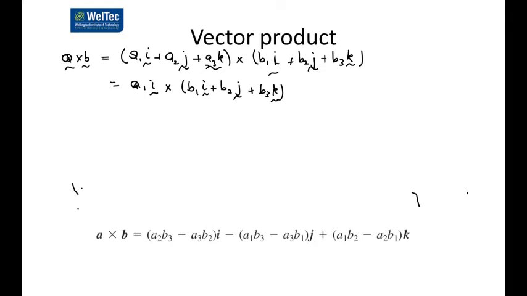And then the next term would be plus A2 j times the rest. Plus A3 k times all the rest.